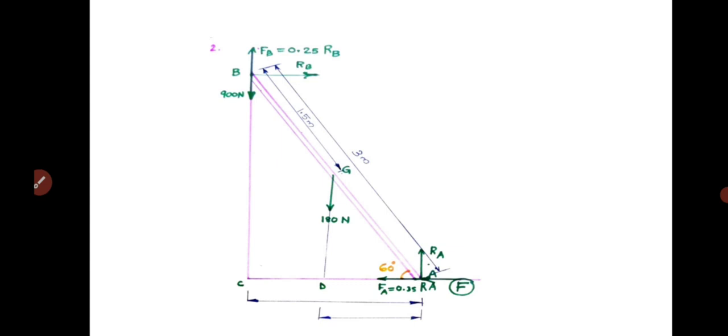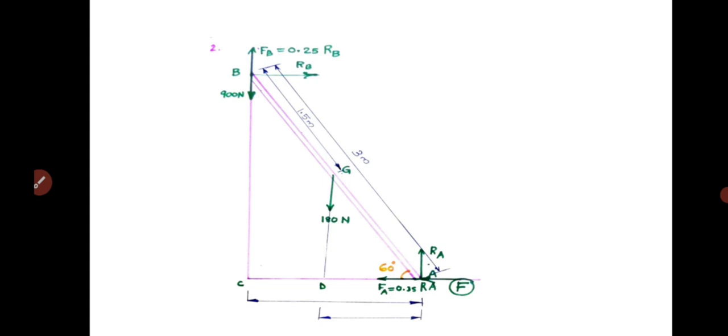So how will you do this? Very simple. You have to apply the conditions of equilibrium. Here the first equation, algebraic sum of the forces along the horizontal equal to 0. So RB equal to FA plus F. Okay, so FA is 0.35 into RA and FB is 0.25 into RB.